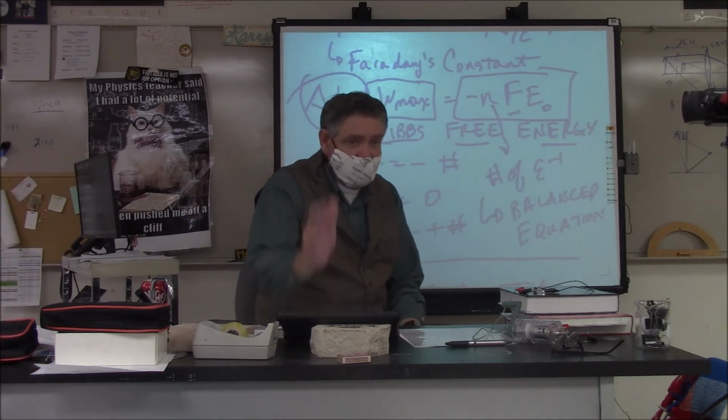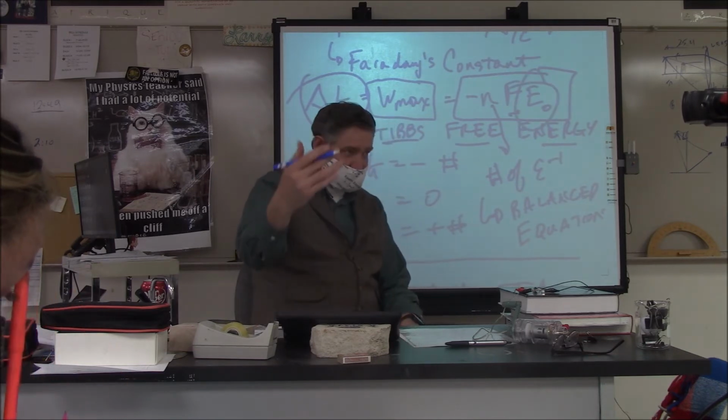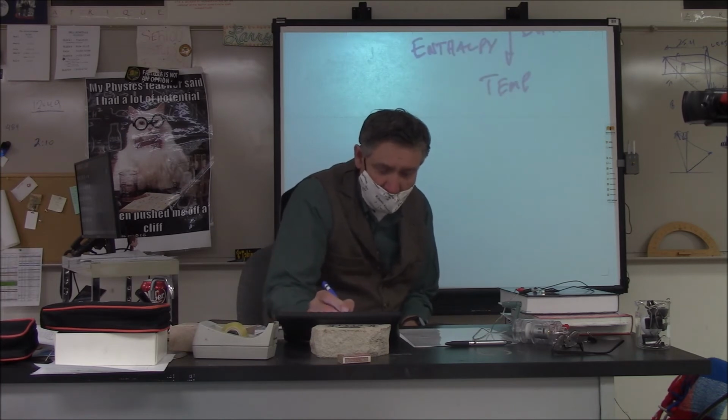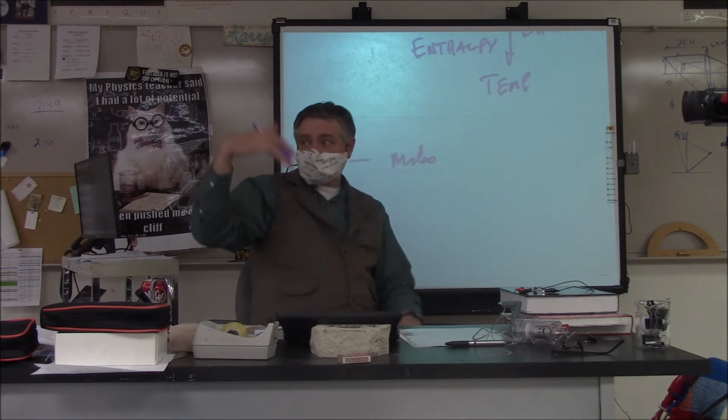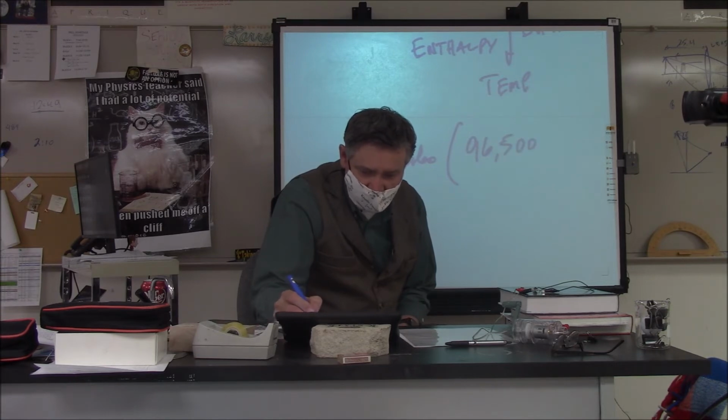Then you have F, which is Faraday's constant, and then you have E naught, which is a measure of volts. So if you look at what happens to the units, you've got negative N, which is the number of moles of electrons, okay? You're going to multiply that by Faraday's constant, which is 96,500 joules per volt mole.